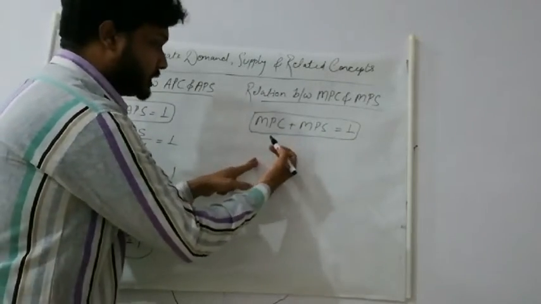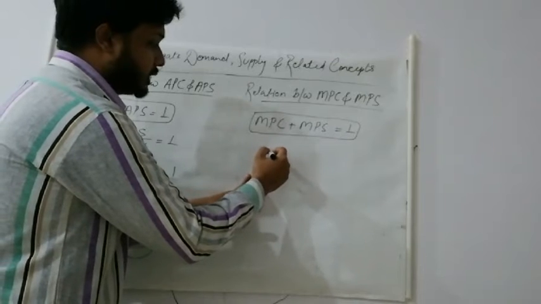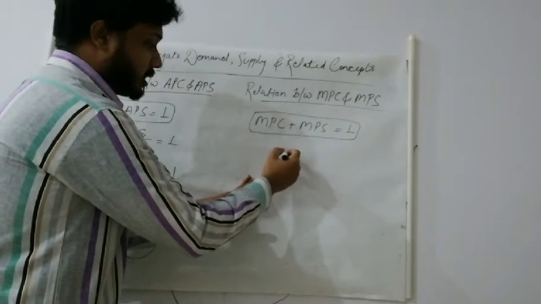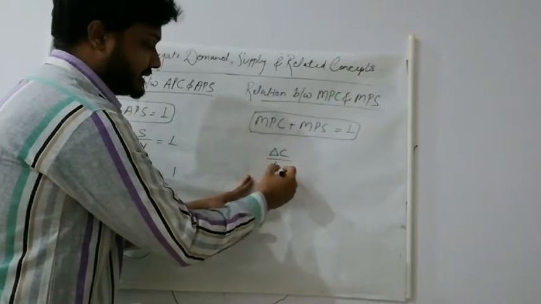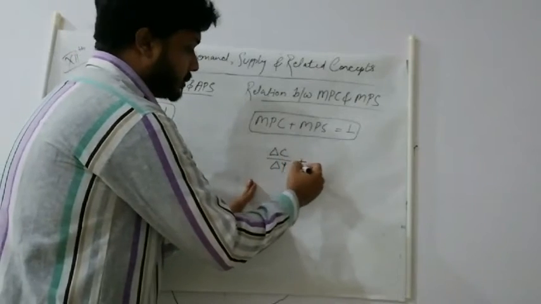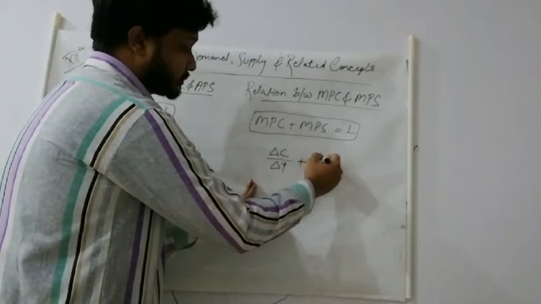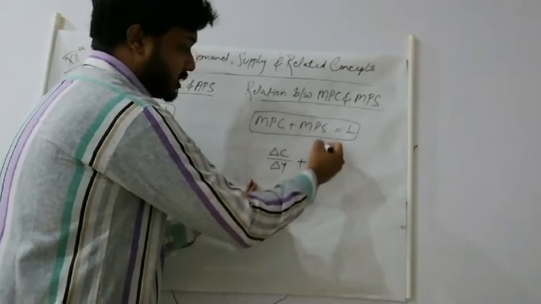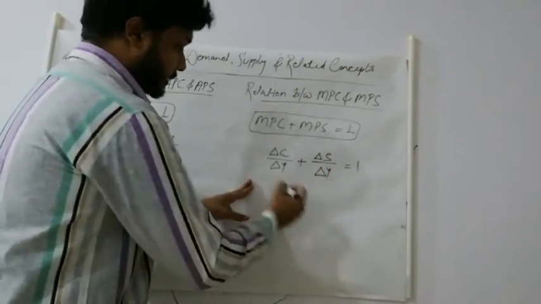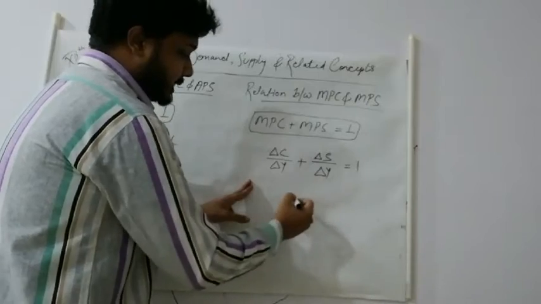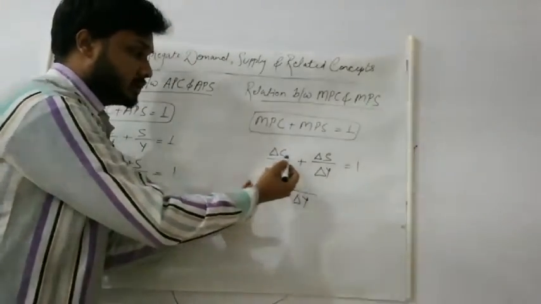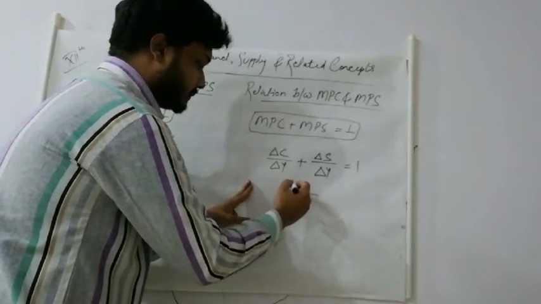Okay. Secondly, we want to prove this. So MPC, the formula for MPC, students, it is change in consumption upon change in income. This is the formula that we have seen, plus MPS, change in savings upon change in income, equal to 1. We will take this same, okay, common we will take. Change in consumption plus change in savings.